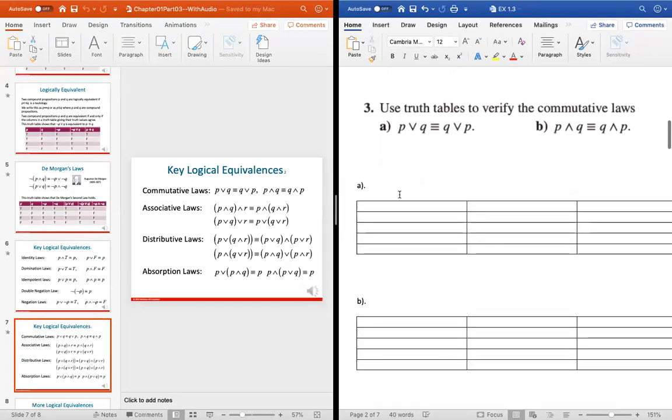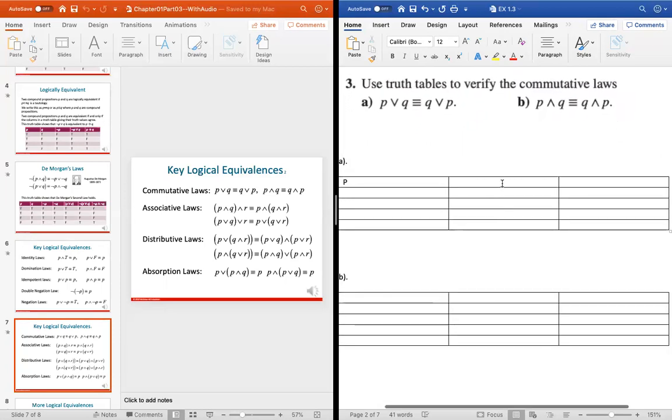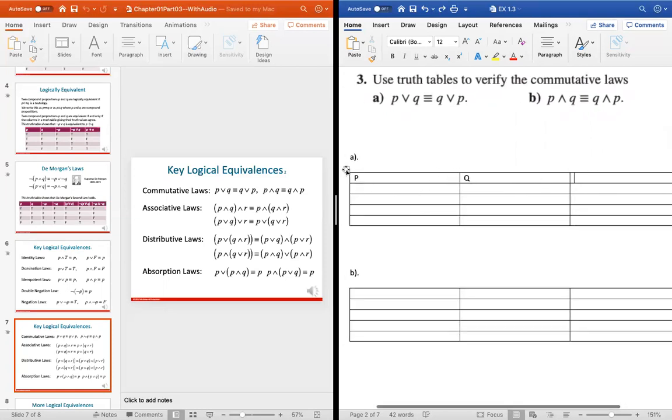So let's use this. So we have P, and then we have Q here. Using the small q.